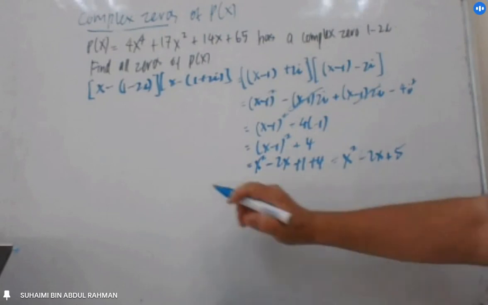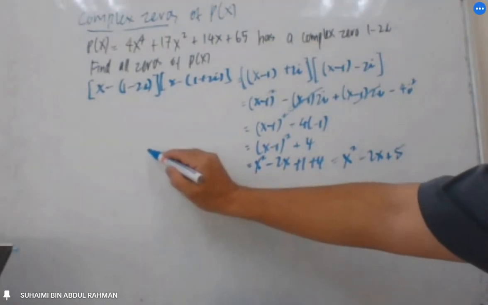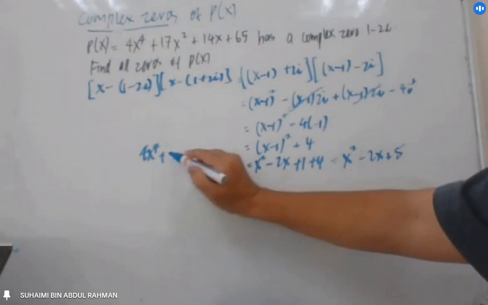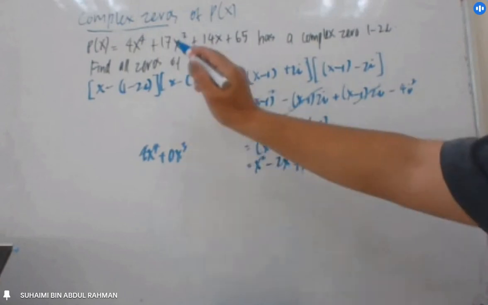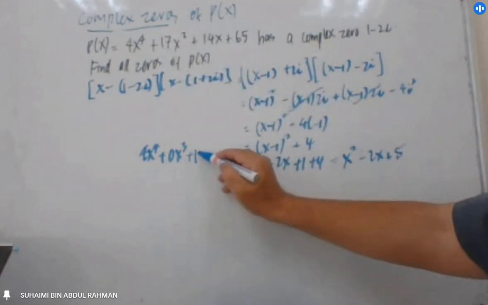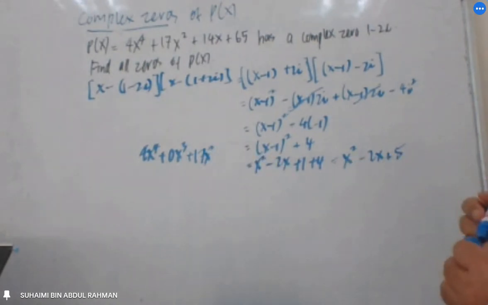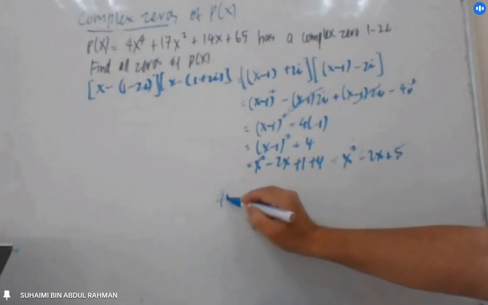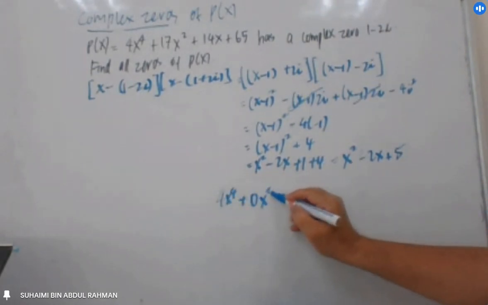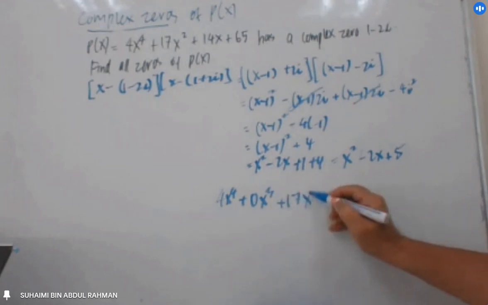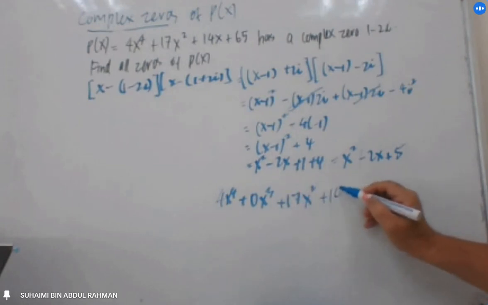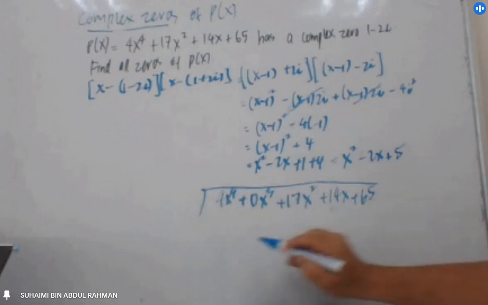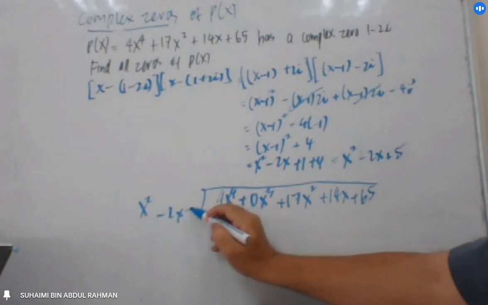So for x to the power of 4 plus 0x to the power of 3, because we don't have x cubed, plus 17x squared plus 14x plus 65, you divide by x squared minus 2x plus 5.